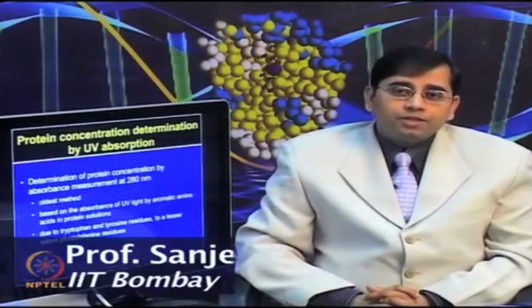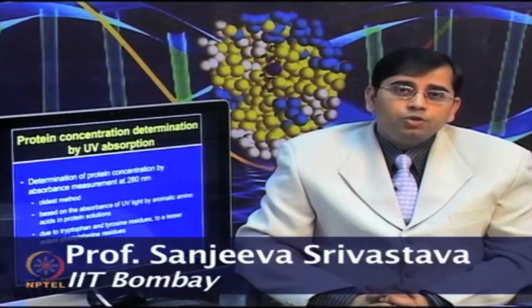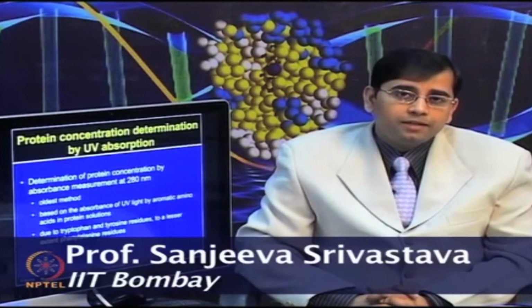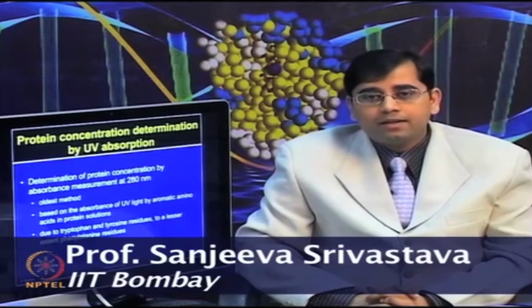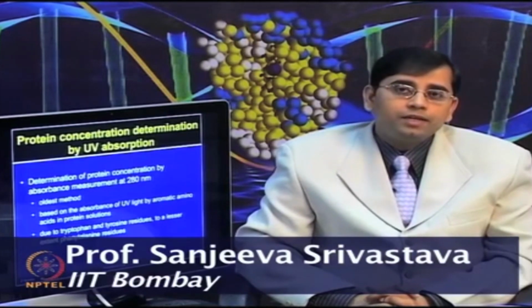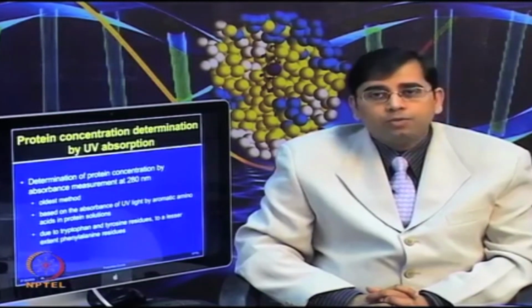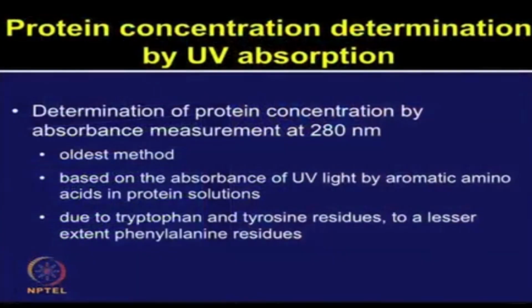Protein concentration determination by UV absorption is one of the very commonly used methods, in fact the oldest method used to determine protein concentration, by the absorbance at 280 nanometers. This method is based on the absorbance of ultraviolet light by aromatic amino acids such as tryptophan and tyrosine residues, which are present in the protein solutions.